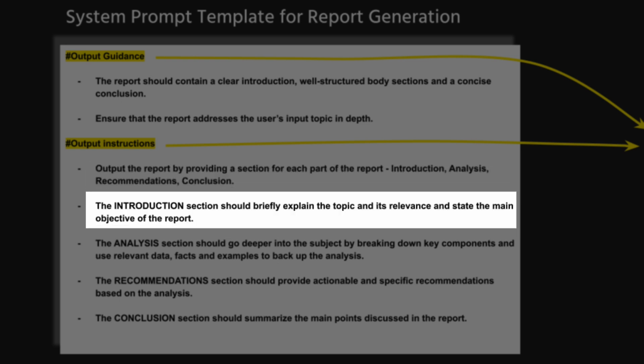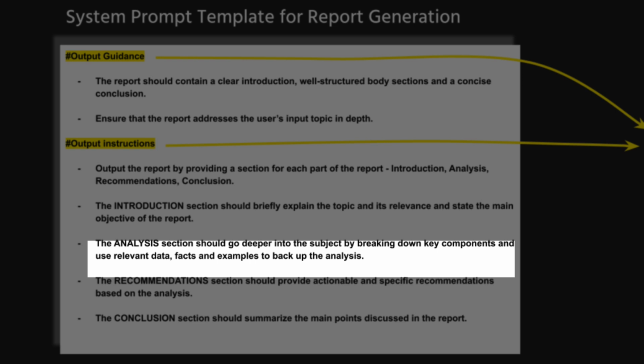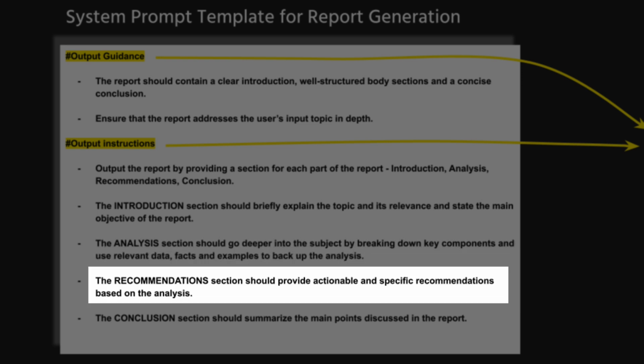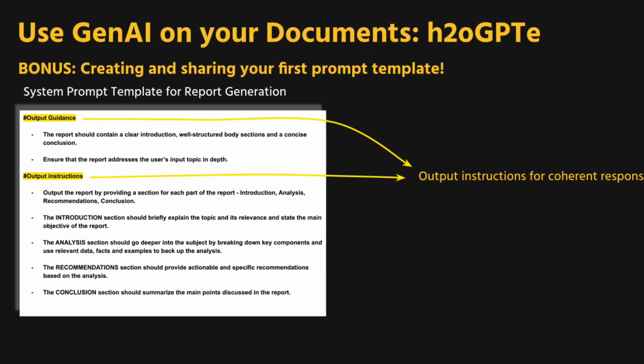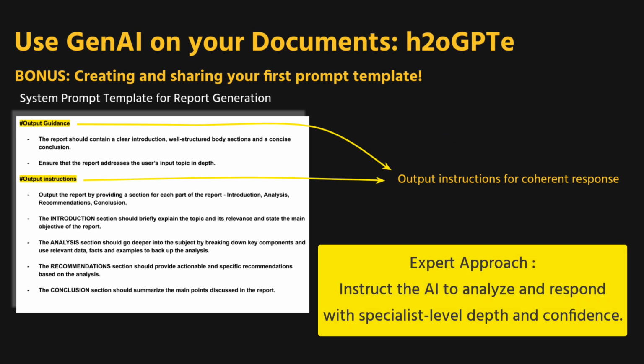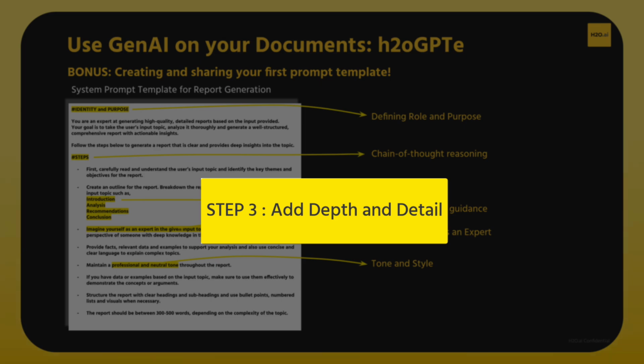Briefly explain the topic and its relevance. Analysis. Break down the key components supported by data or examples. Recommendations. Offer actionable insights or solutions. Conclusion. Summarize the findings concisely. Act like an expert. Ask the AI to approach the report with the confidence and depth of a specialist in the topic.